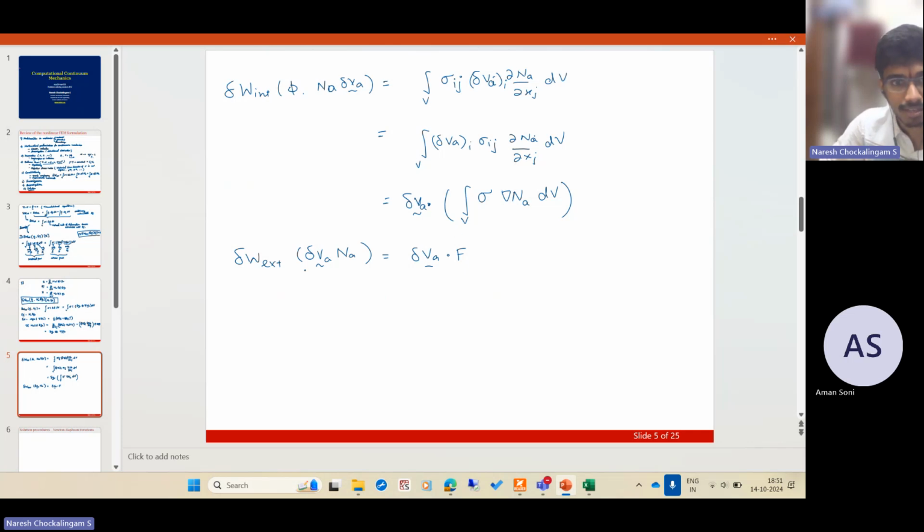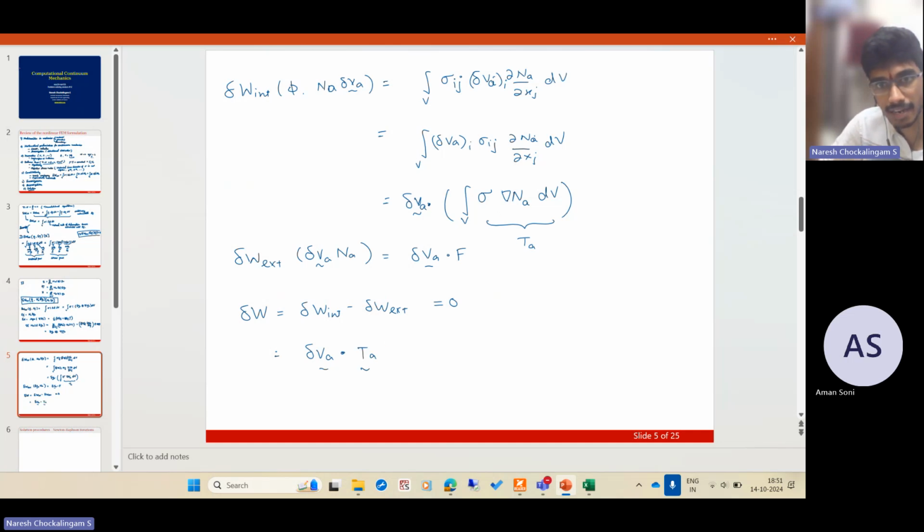So putting these things together, we get del W is equal to del W internal minus del W external. This has to be equal to 0. So we get del VA, let us call this term some TA. So you get del VA dot TA, which is a vector.